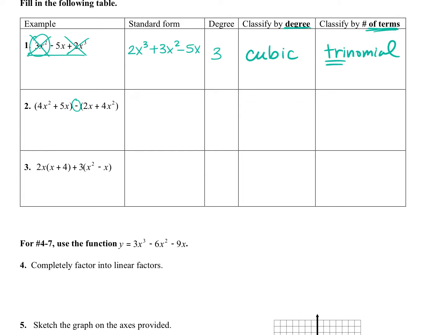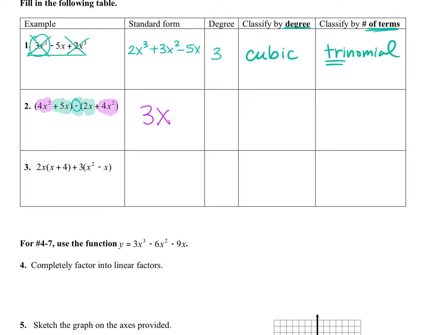So this would be 4x squared minus 4x squared, right? So that's 0. That goes away. And then you have 5x minus 2x. So 5x minus 2x is 3x, so that's standard form.